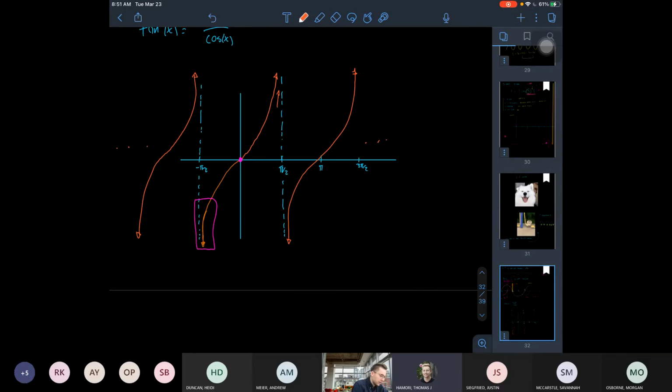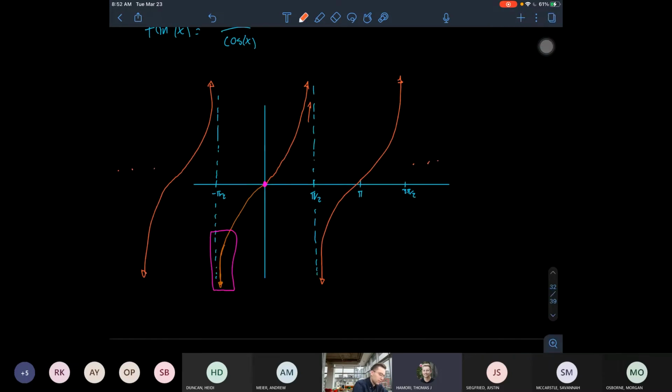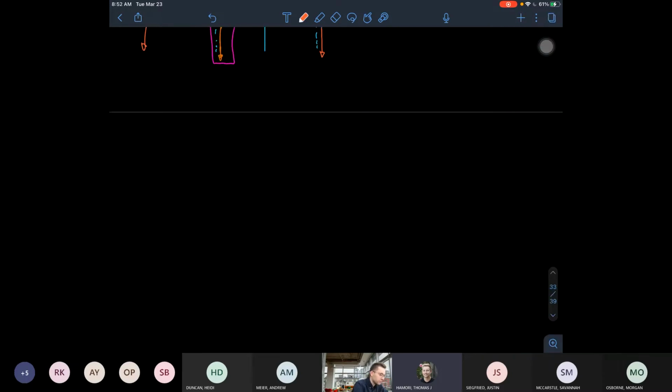One final comment on the graph of the tangent function, which I want to remind you guys of, and this is something that I don't always see taught in pre-calculus classes.